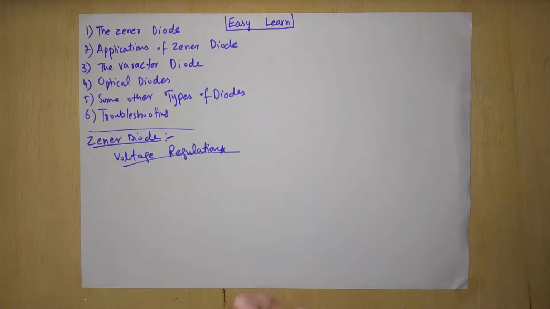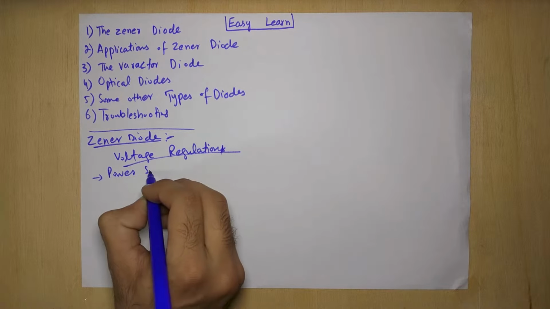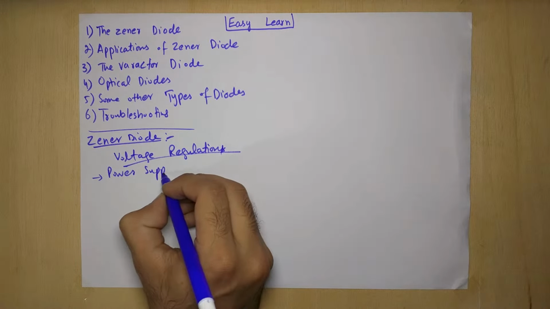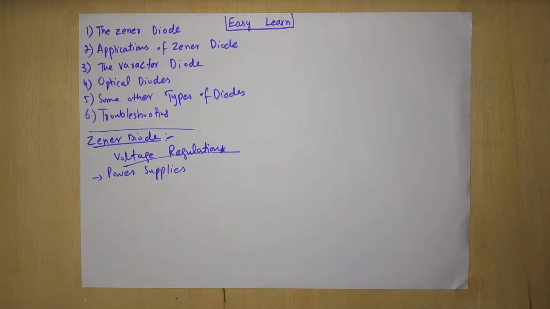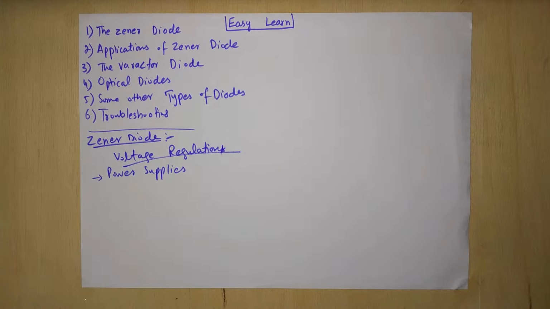And Zener diode is a type of voltage regulator for stable voltage. It is used, you can say, in power supplies for voltage regulation. As I already explained power supplies in detail in diodes and applications season 1, but we didn't use any type of diode there for voltage regulation.